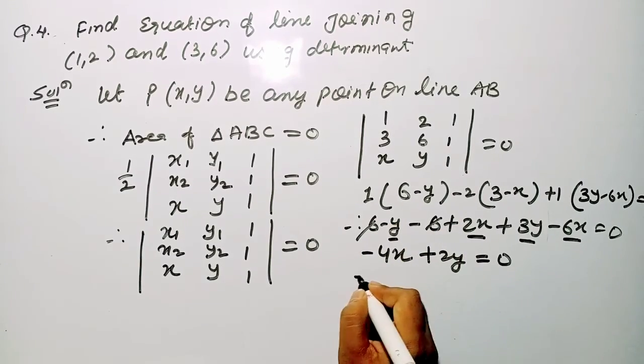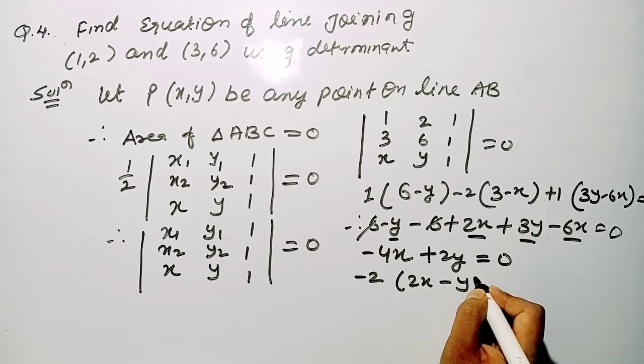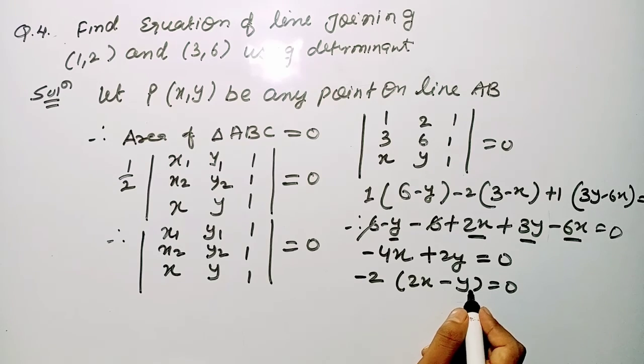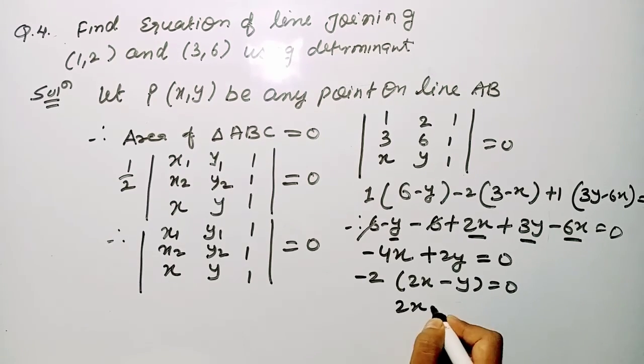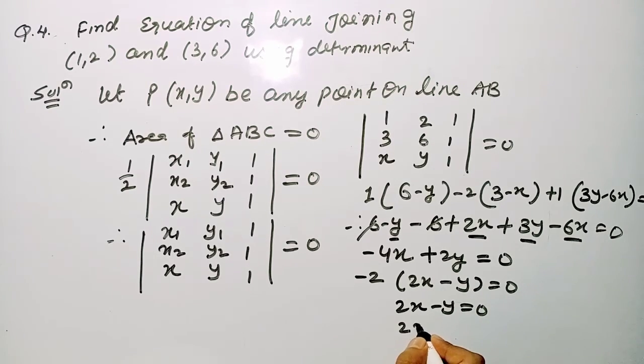This is equal to 0. So minus 2 is a common term, so 2x minus y is equal to 0. It means 2x minus y will be 0, right students? So 2x is equal to y.